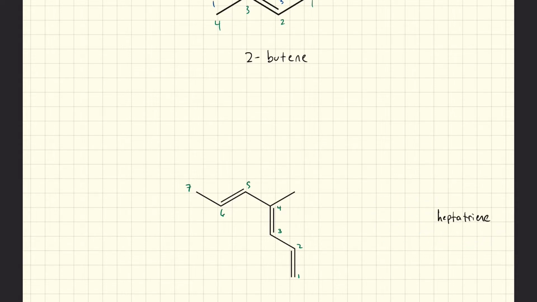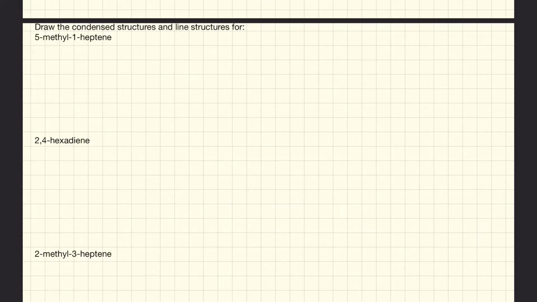Okay, and the numbering for the heptatriene is going to go 1, 3, 5 heptatriene. I also have this methyl group here, and that's my only alkyl substituent. So that one is a 4-methyl 1,3,5 heptatriene.